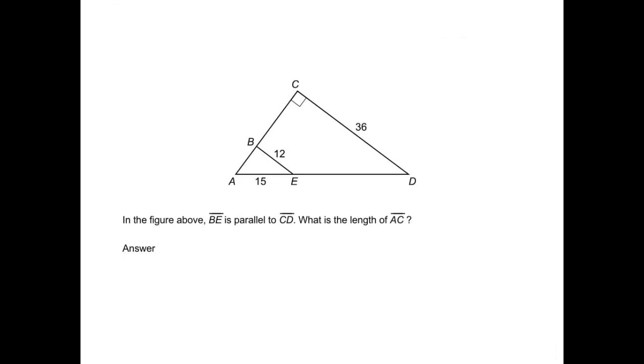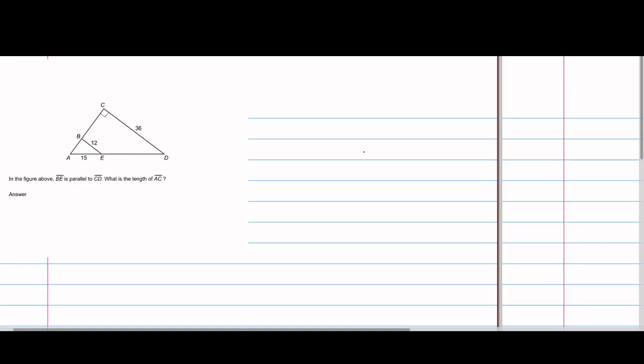Now let's start. They asked me, in the figure above, the segment BE is parallel to segment CD. What is the length of AC? They are asking me about the length from here to here. How could I find this?